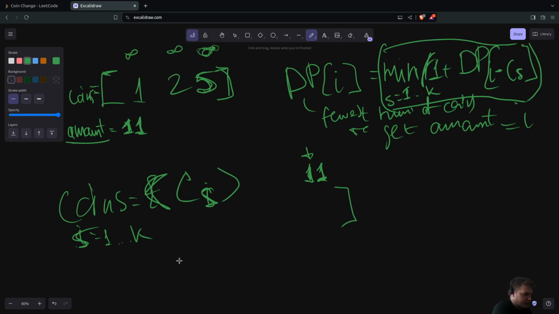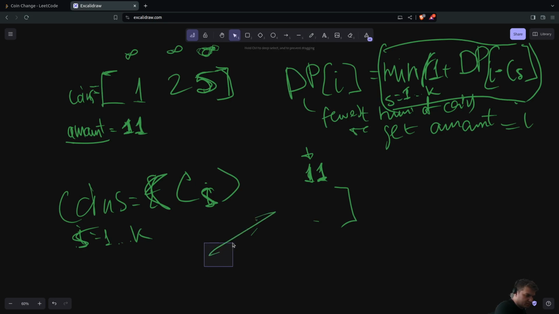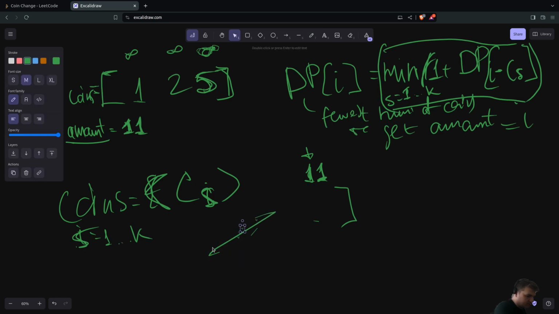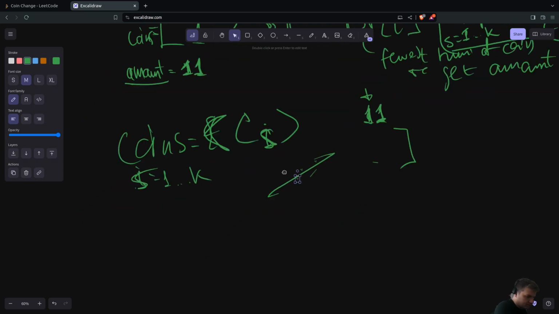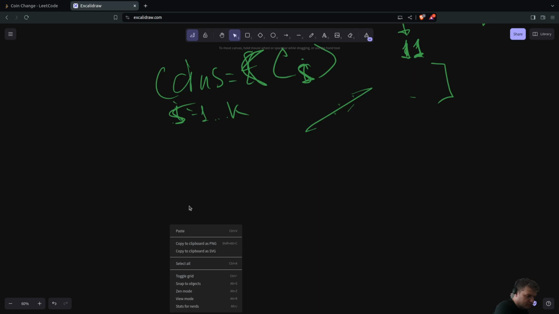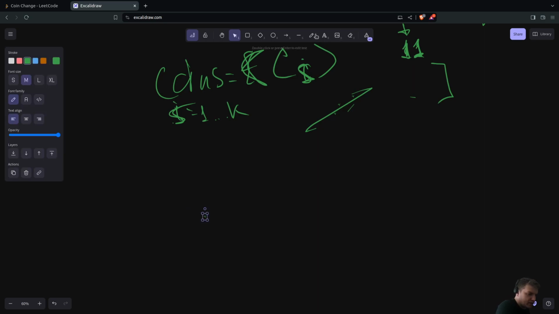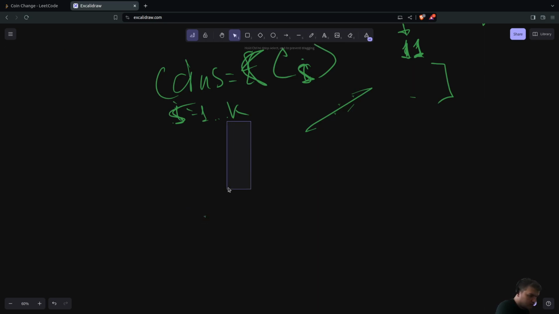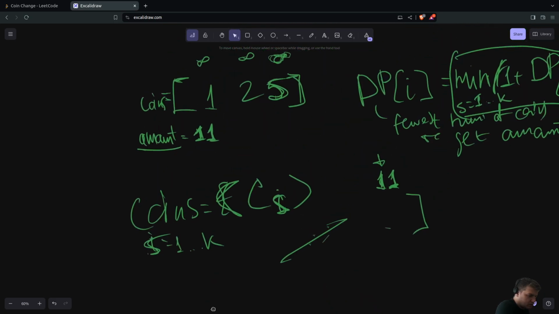To calculate it, let's say I have this array dp, and I have the coins 1, 2, and 5.